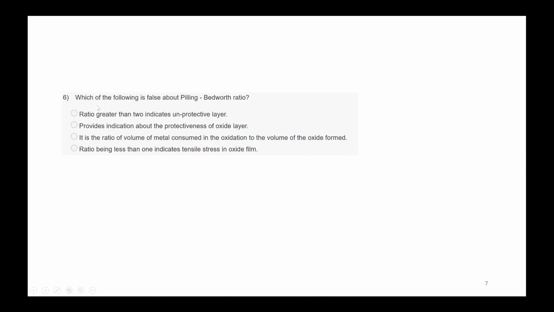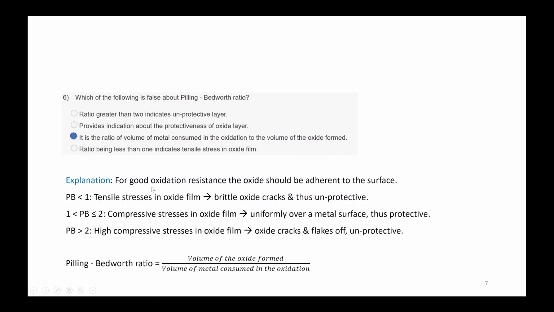So one of the statements is incorrect, and it is this one, because the ratio is volume of oxide formed divided by volume of metal that is consumed. For good oxidation resistance, the oxide should be adherent to the surface.